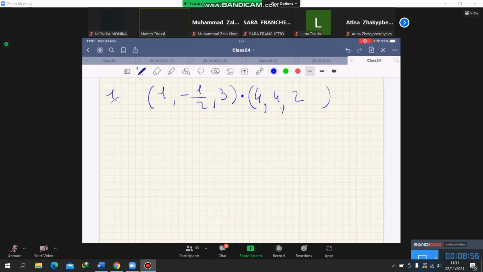Oh, let me remind you of one thing: from the definition of inner product, it follows directly that the inner product of two vectors is commutative, meaning the inner product of A and B is always equal to the inner product of B and A. Why?